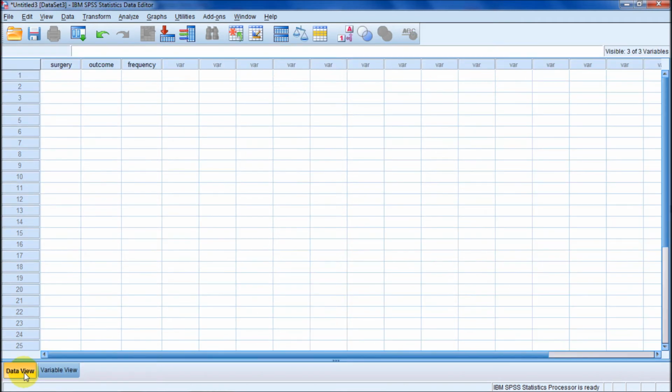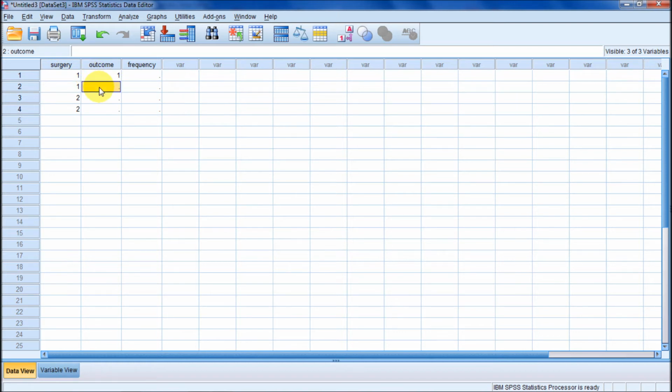So we'll go back to data view. Okay, so we had one group who got atherectomy and lived, 1 and then 1, 2, 2. Okay, so the outcome is, they got atherectomy and they lived.